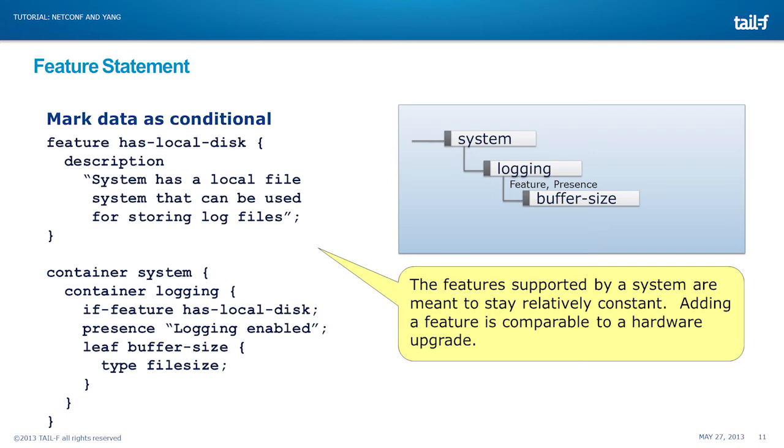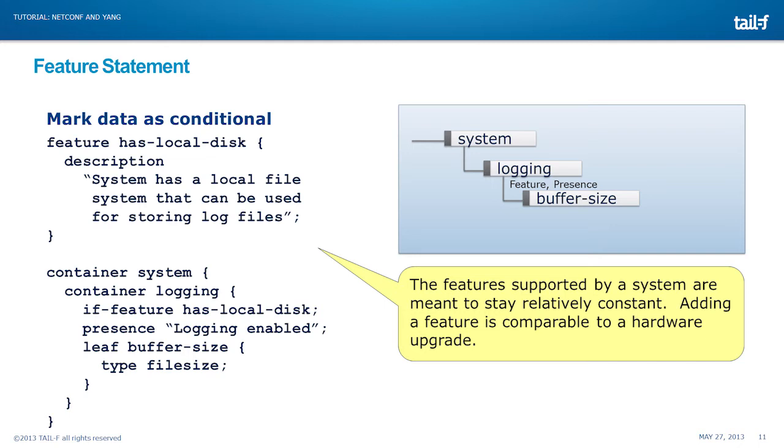So here, our logging system, if our system has a local disk as a feature, then we have a buffer size that can be configured for the logging system. With ConfD, feature is implemented at compile time of your data model.